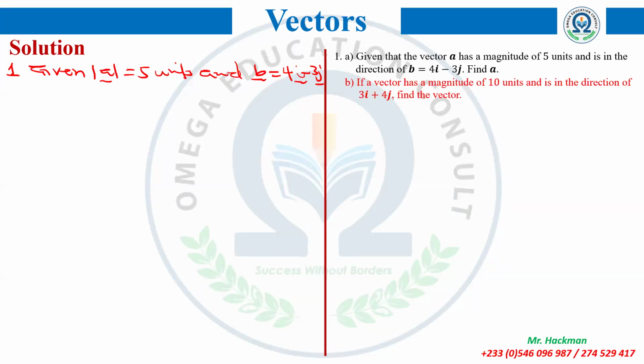All right, so now we need to find A. We know that the A vector you are looking for should be equal to the magnitude of the vector A times the unit direction vector. And what is the direction vector? The direction vector is B, is that not it? So it will be times B tilde cap. Is that clear?